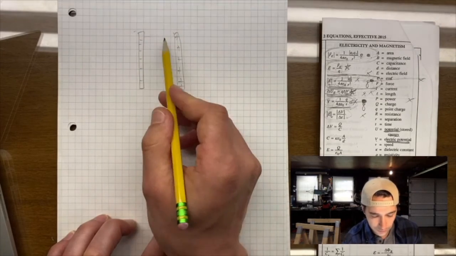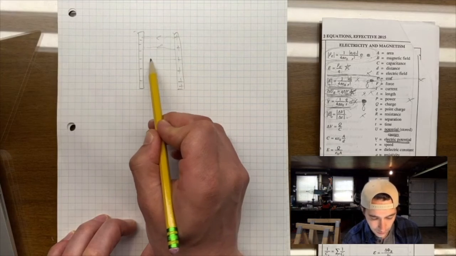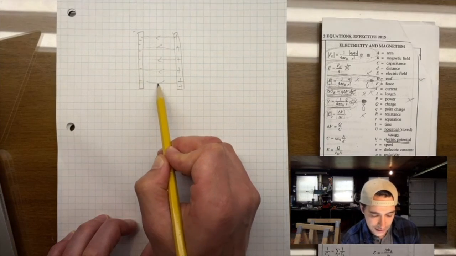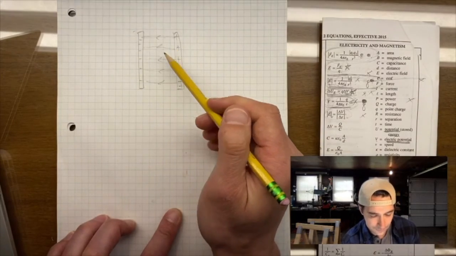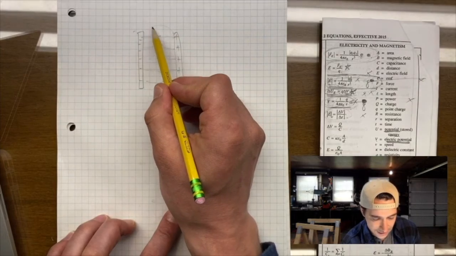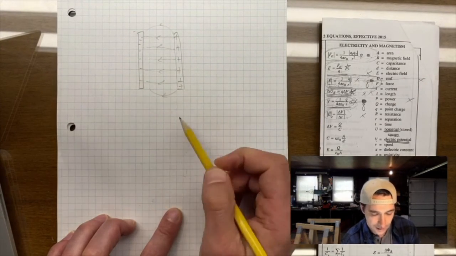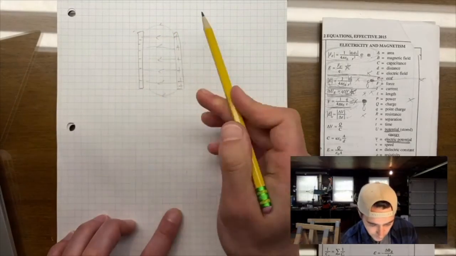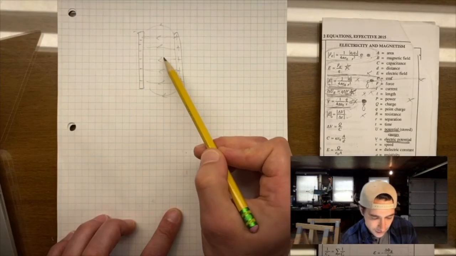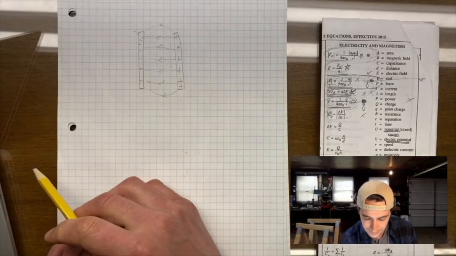So we have parallel electric fields, and if they say these are infinitely large plates, then it's parallel everywhere. If they have ends, there's a slight curving of the field lines on the edges, which normally we ignore. But in the center, it's constant. Electric field strength here, here, here, everywhere, is the same.